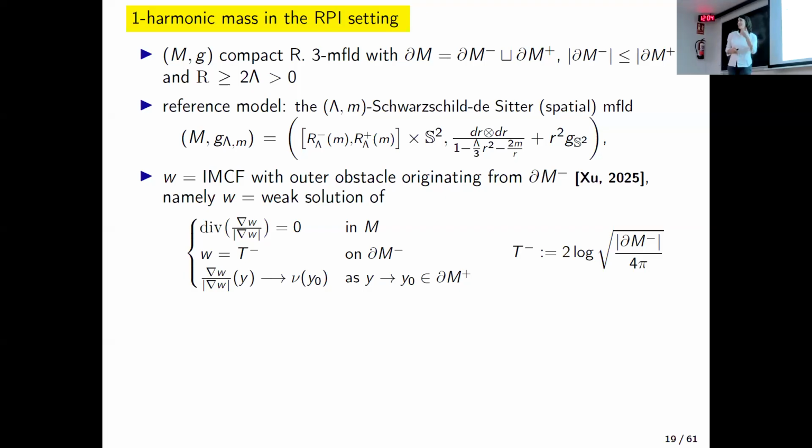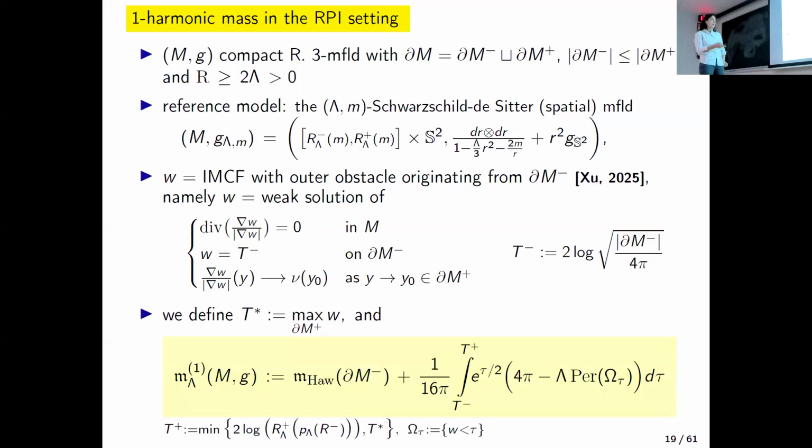This parameter T minus is exactly the initial time of the model solution in the case you plug in the model space. And there is exactly the same boundary condition as before. So, again, this is the version of the harmonic mass in this context. It is exactly the same as before, but there is also this normalization with the Hawking mass of the boundary minus.